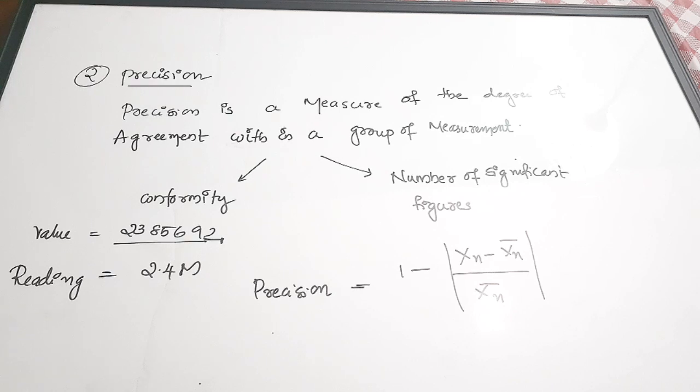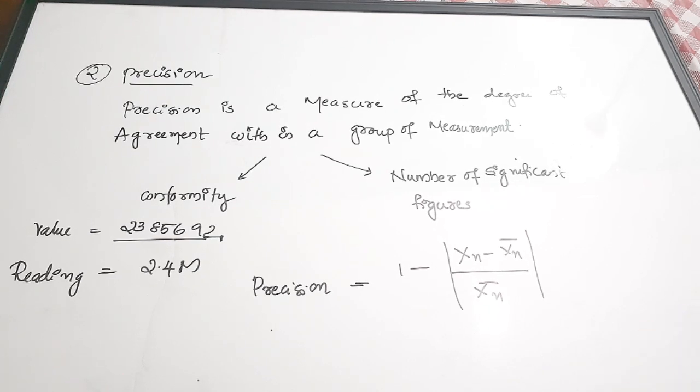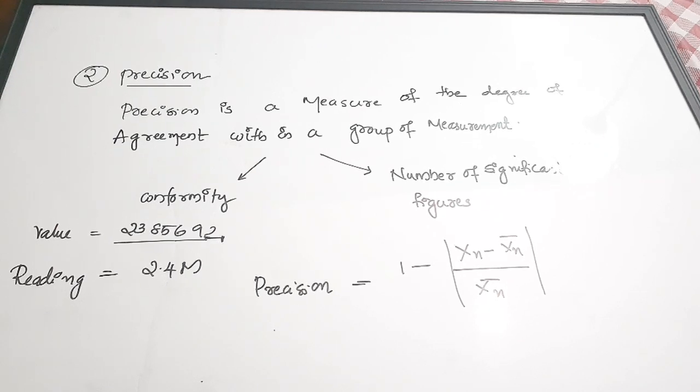So the disagreement of the nth measurement in that group is called precision. In simple words, think of it as how precisely we can make the measurements. So that is the second characteristic, which is precision.